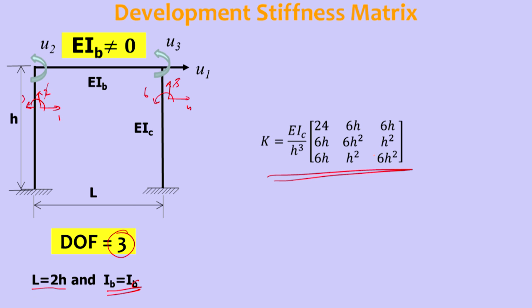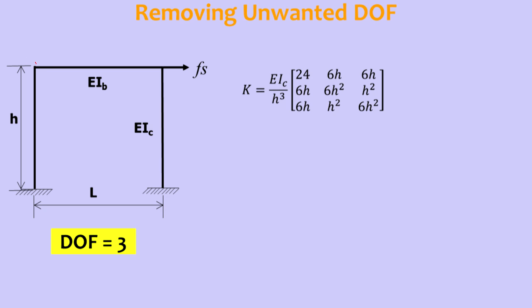Now, after generating the stiffness matrix, if there are no forces associated with the degrees of freedom available, it is something like this. You can see in this one, the degree of freedom is here, and rotation is here, and translation. Translation means the entire mass is concentrated at this one.